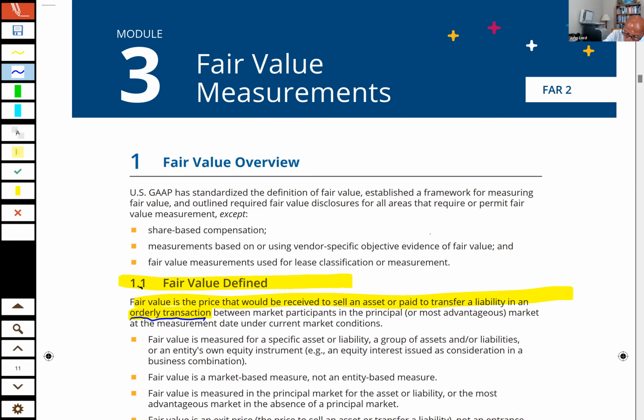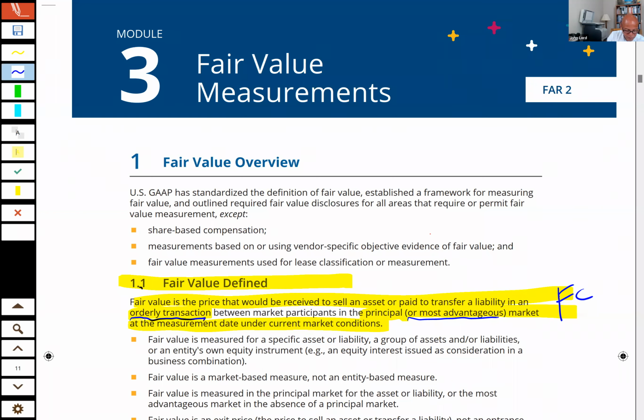Okay. Now, when you consider this, you have to look to the most advantageous market or to the market in which you have your principal market. So either the principal or the most advantageous market that you'll use. So you will use the principal market. If there is no principal market, then they allow us to use the most advantageous. Flashcard that.